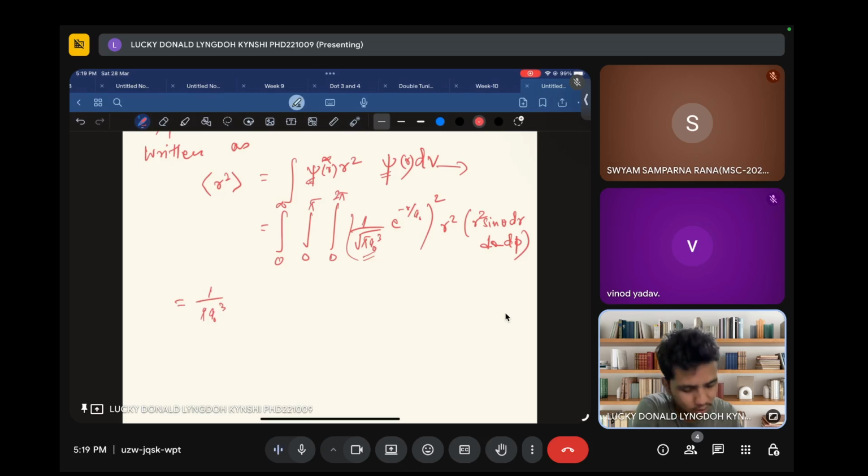The remaining integration is 0 to infinity of e to the power minus 2r divided by a naught, and r to the power 4 dr. You separate the r terms, theta terms and phi parts. The theta part becomes 0 to pi of sine theta d theta, and the phi part is 0 to 2 pi of d phi.